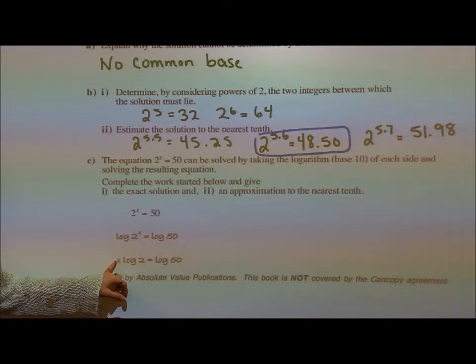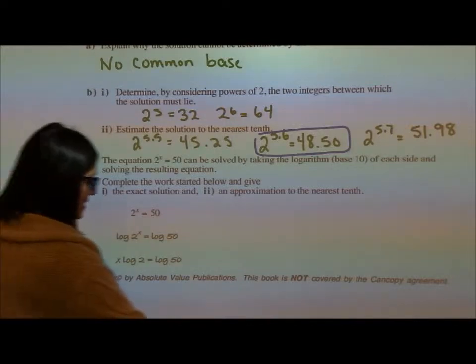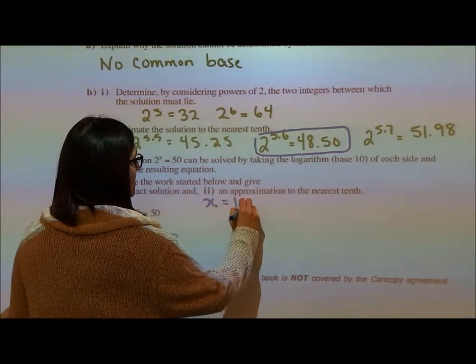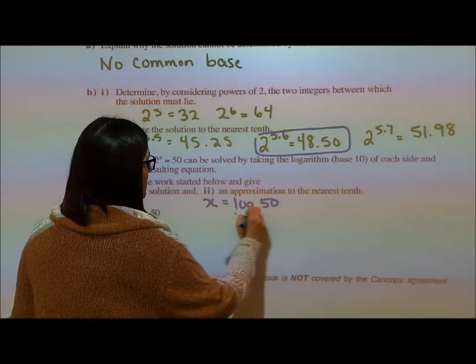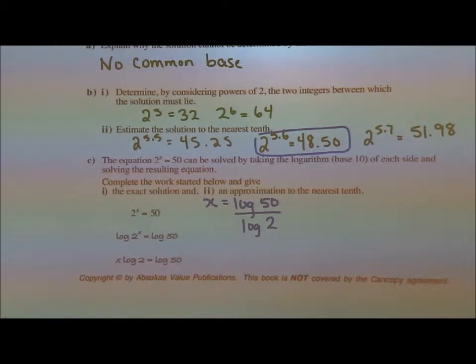And I get x times log 2 equals log 50. And then to get x by itself, I would divide. Log 50 divided by log 2. And then I could use my calculator to approximate that.